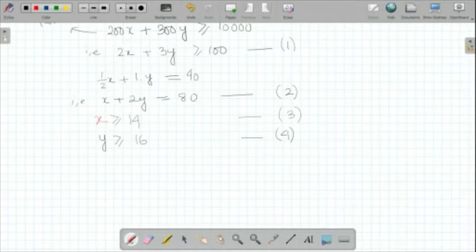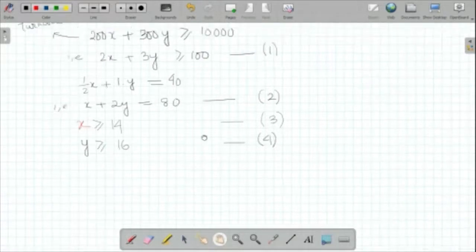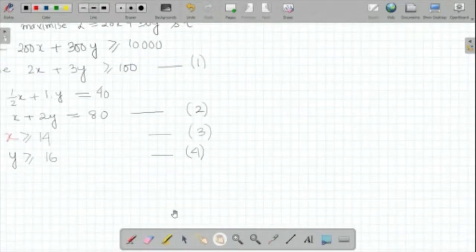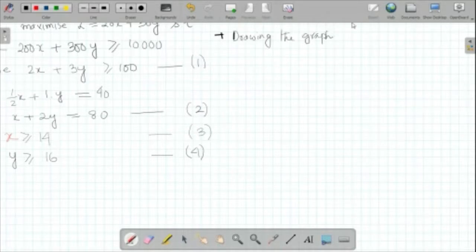Okay, now let's try to draw the graph here. This is my next step, so you can write here drawing. Drawing the graph of the above equations, right?